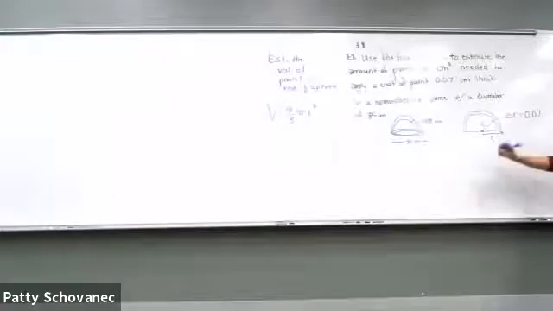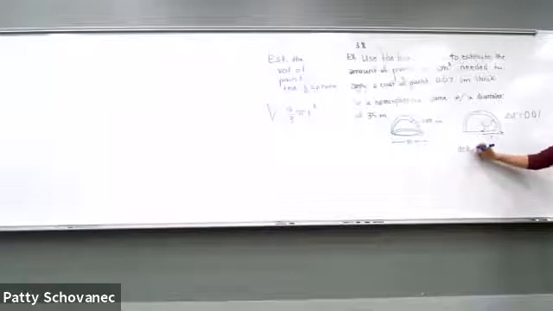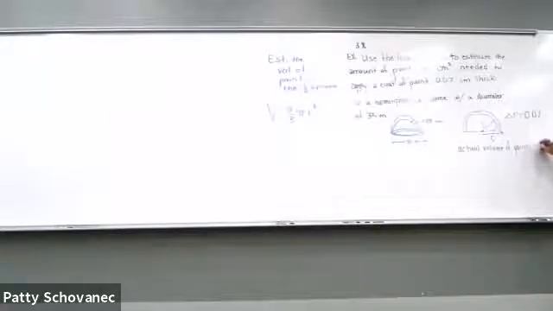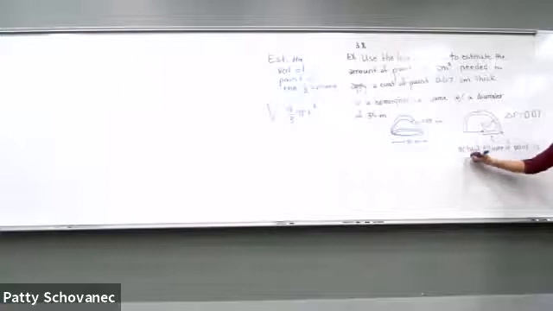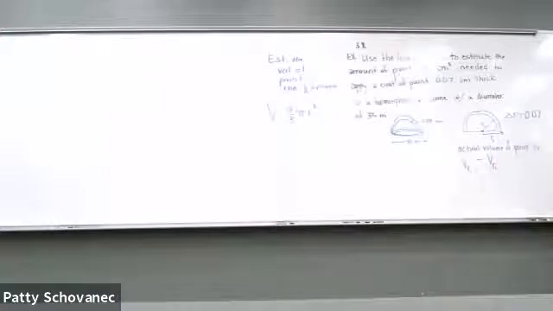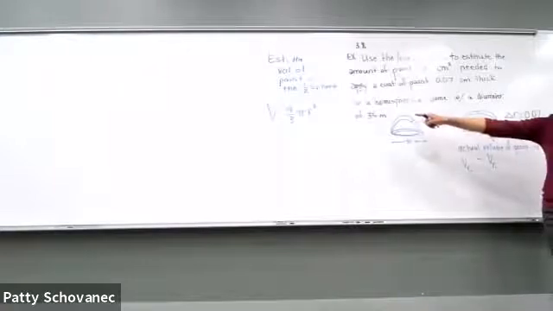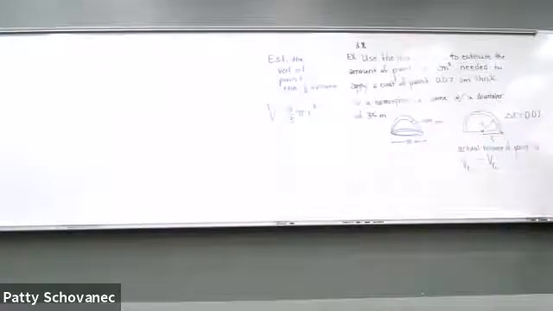So the actual volume of paint is the volume using the outer radius minus the volume using the inner radius.